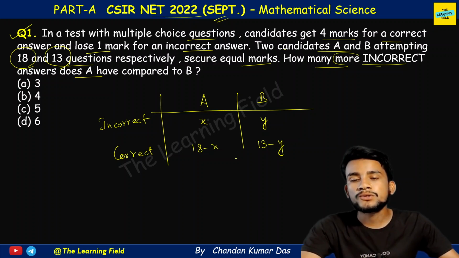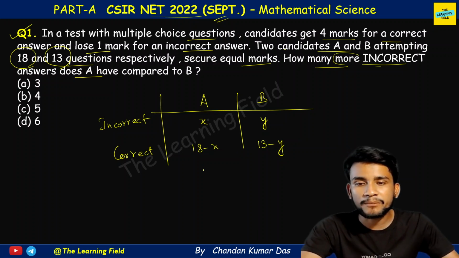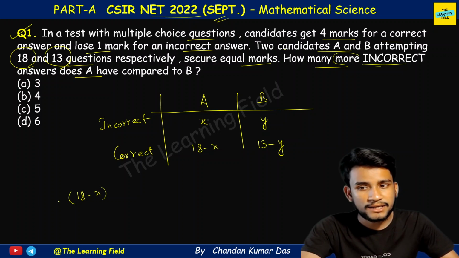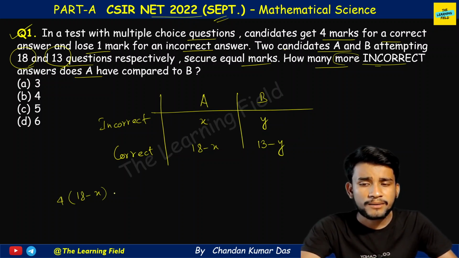Now we compare the total marks of A and B, which will be equal. The marks for A: the correct answers are 18 minus x, and for each correct answer A gets 4 marks, minus 1 mark for each incorrect answer, and the number of incorrect questions of A is x.